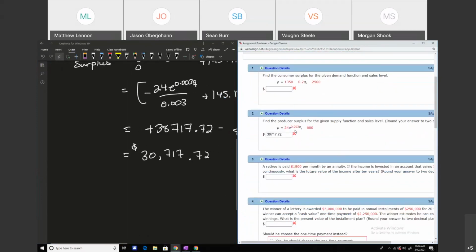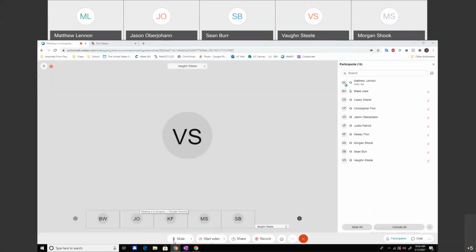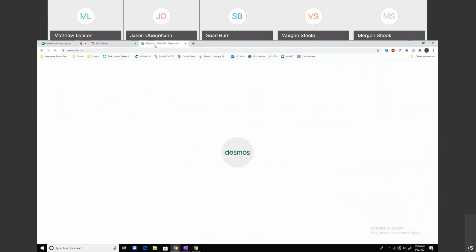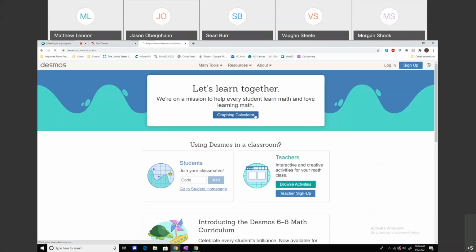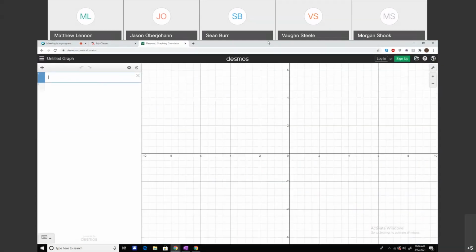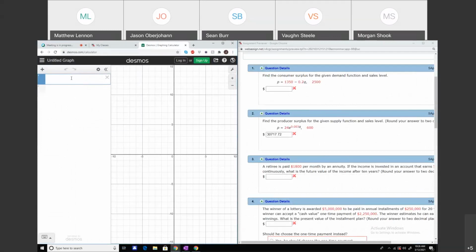Okay, so I messed something up here. Let's plug it into Desmos real quick, just in the interest of time, and see if I'm far off or not, because I don't want to spend a lot of time if it's just a small decimal error.